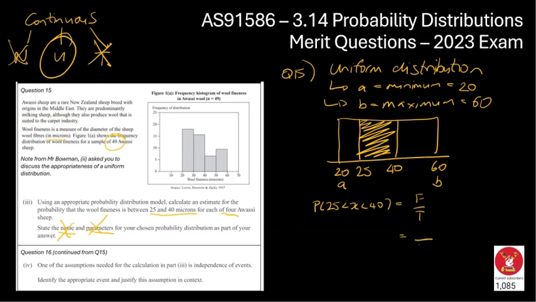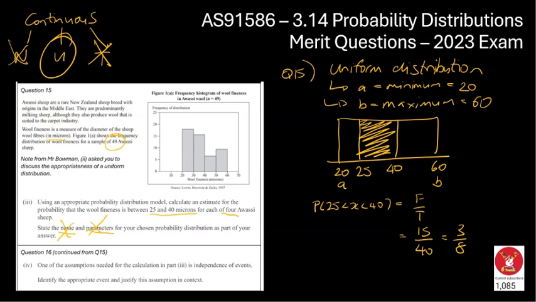In this case, it's 40, the difference between the 60 and the 20. Then my F, my favorable outcomes, relates to the width of the portion I'm trying to find the probability of, in which case the difference is 15. So my probability here is 15 over 40, which simplifies to 3 over 8, and I'll leave that as a simplified fraction.